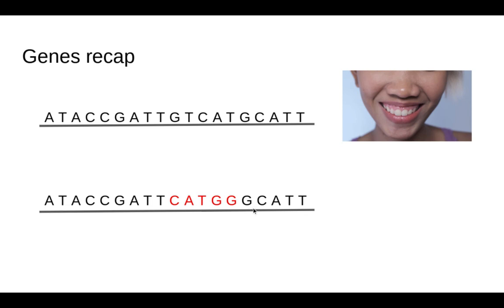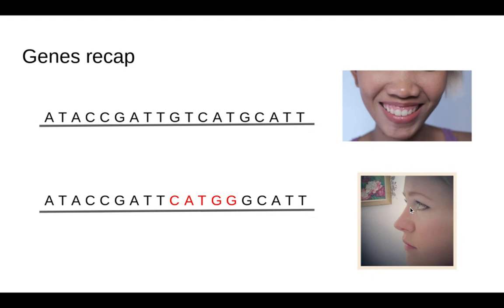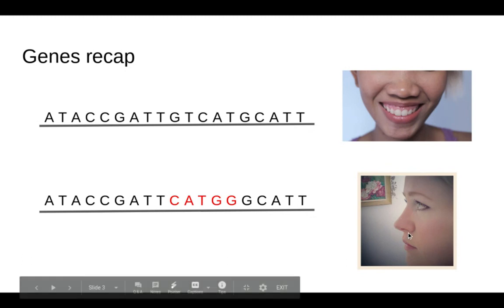They're a little bit different. This is why they're a different color. Here is guanine, thymine, cytosine, adenine, thymine. But here it's slightly different. It's cytosine, adenine, thymine, guanine. So this small change in the order of the bases causes the shape of the nose to be different, okay?